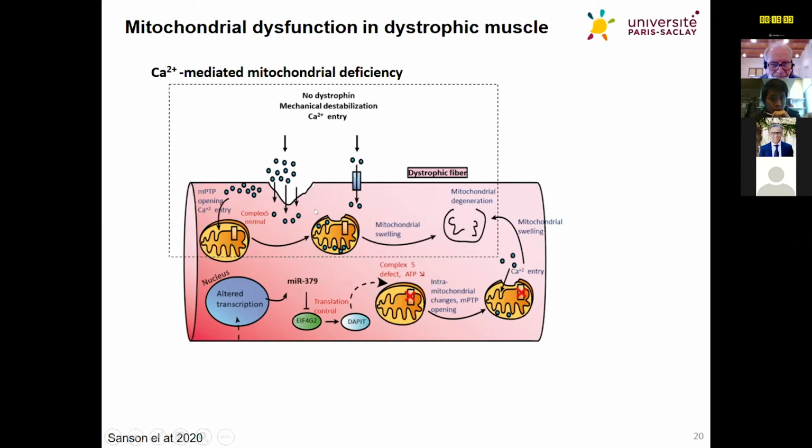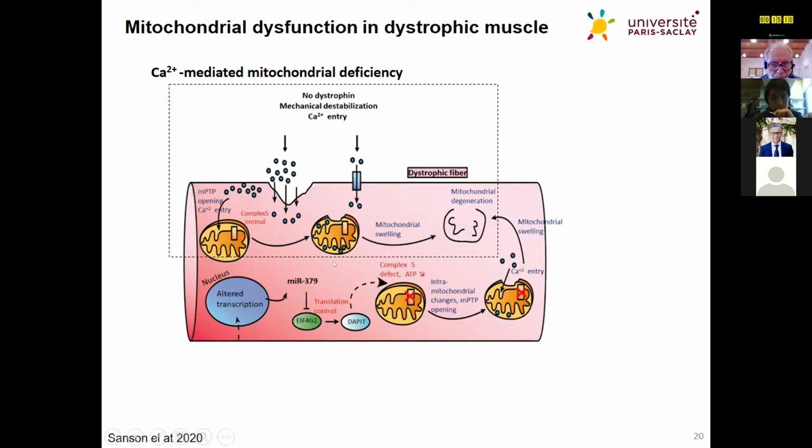The mitochondria function to buffer the calcium intracellularly, and over time, the mitochondria become defective. So that's a common explanation for the mitochondrial deficiency in the dystrophic muscle.